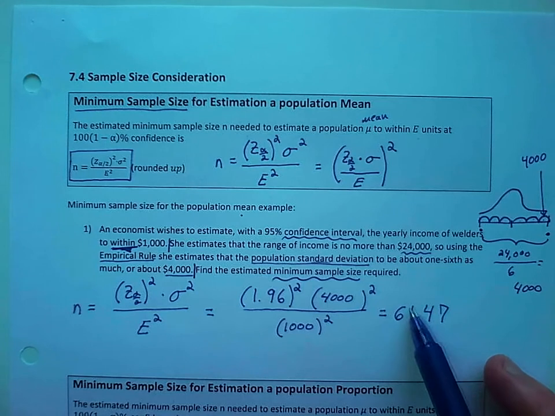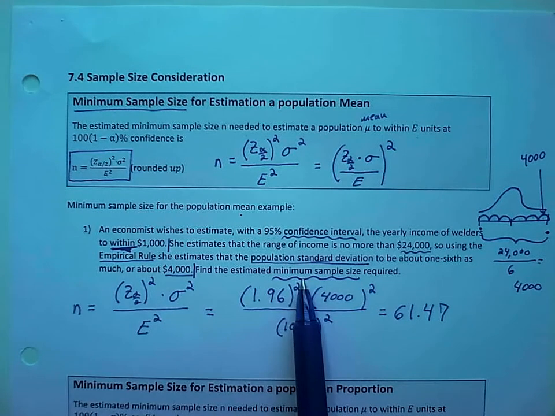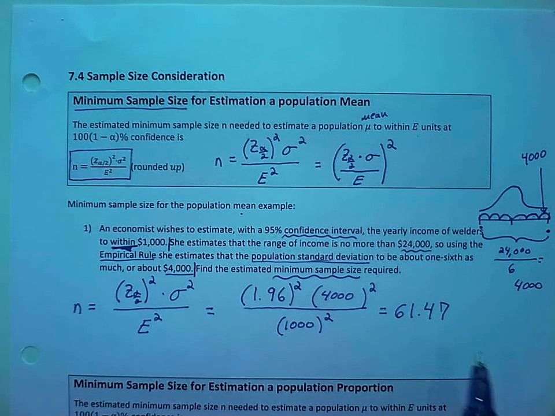So what we just determined is that she needs to ask a minimum, we're talking about the minimum sample size. We're saying that she needs to ask a minimum of 61.47 welders. So she can't ask 61 welders, because then she wouldn't have gotten to the minimum of 61.47 welders.